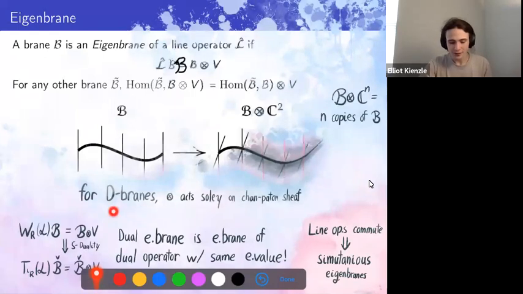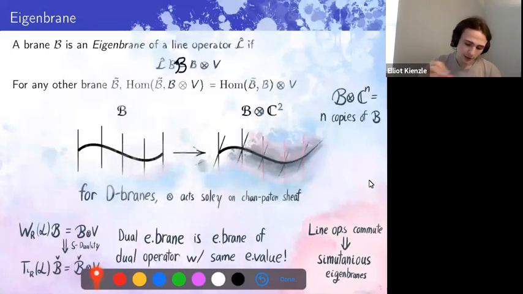It doesn't affect the submanifold at all. So for example, in this case here, we tensor by C^2, and that basically doubles the vector bundle over this submanifold. So in general, you can think of the act of tensoring by some C^n as taking n copies of B summed together, n copies of the brane summed together. So that's what an eigenbrane is.